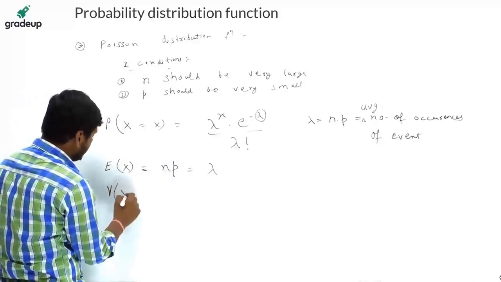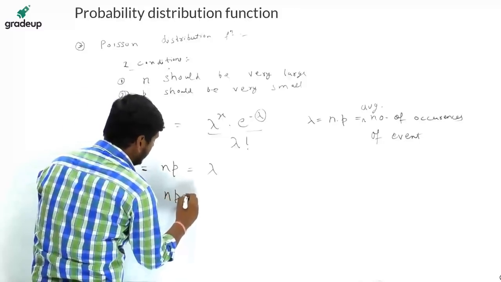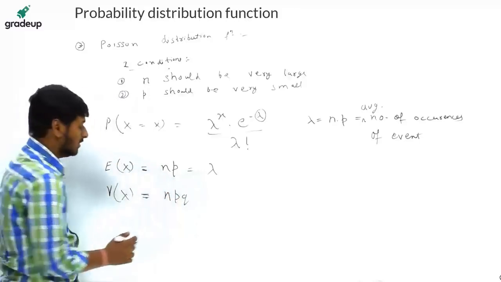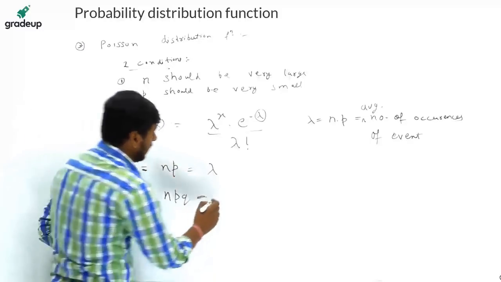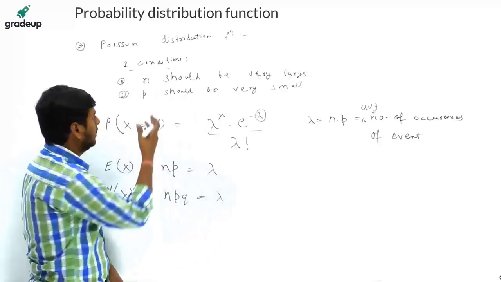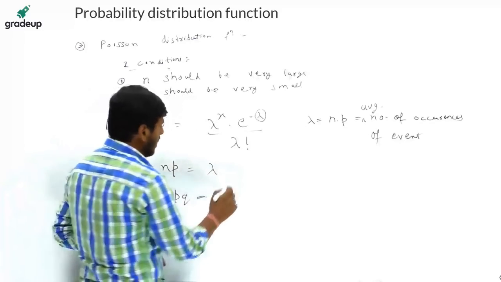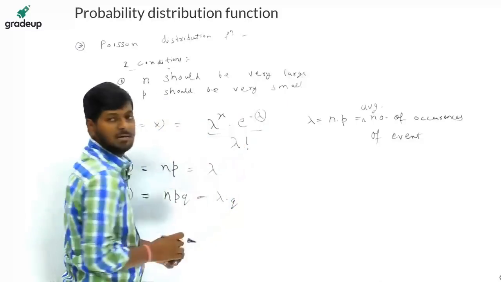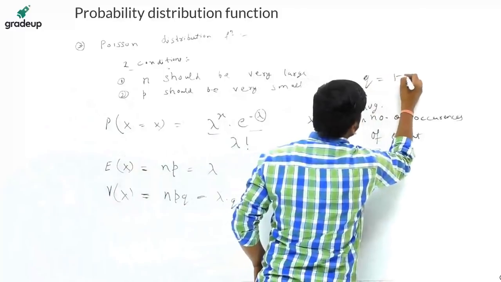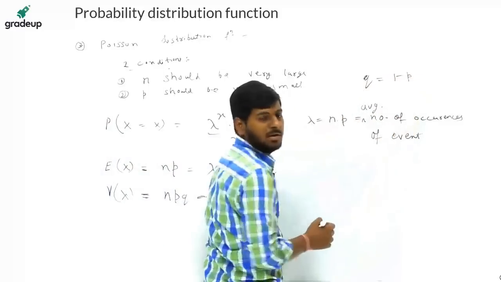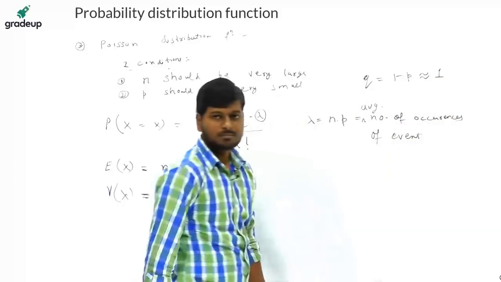What about the variance? Variance is npq for the binomial distribution function, but np is here lambda for Poisson, into q. Since I have told you p is a very small number, if p is very small, then q is equal to 1 minus p, which is approximately equal to 1.